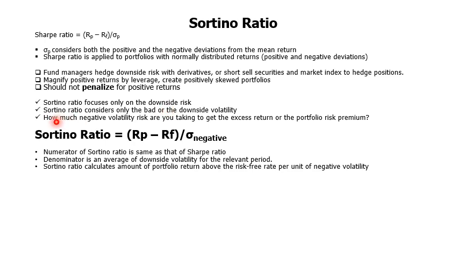Basically, the Sortino ratio answers the question, how much negative volatility risk are you taking to get the excess return? How much negative volatility risk are you taking to get the portfolio risk premium?